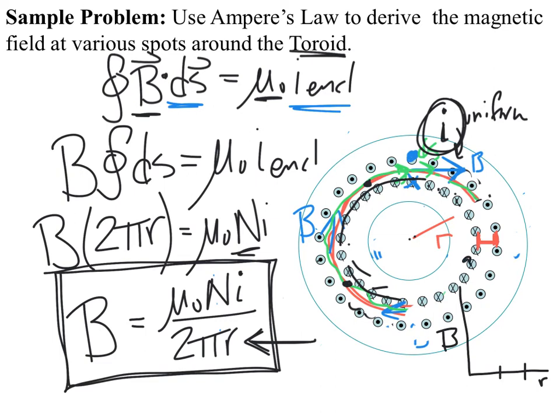Let's call this A and this B. As we go from 0 to A, my magnetic field in this region is 0. As I go from A to B, I'll have magnetic field strength that falls off as 1 over r. And then outside of the toroid, outside of that distance B, it's 0 again. So, an unusual looking graph there.